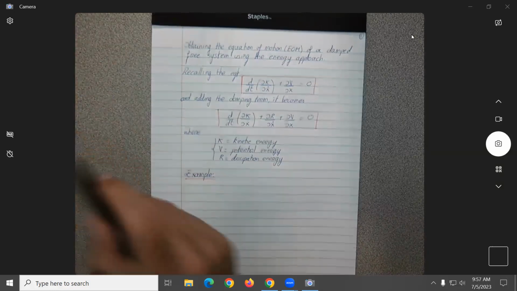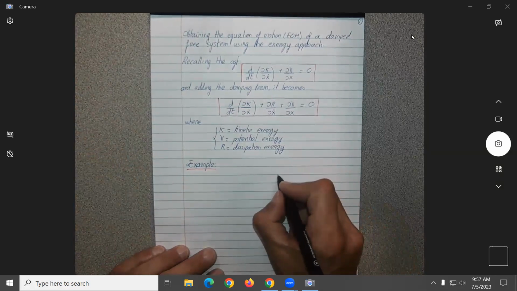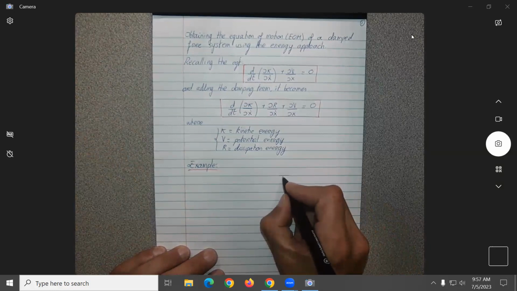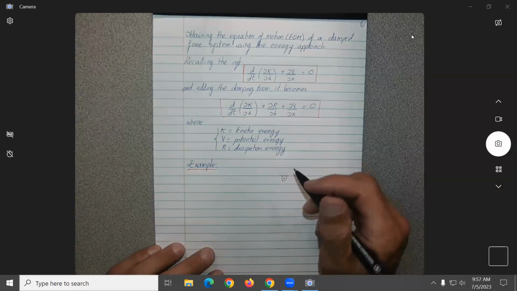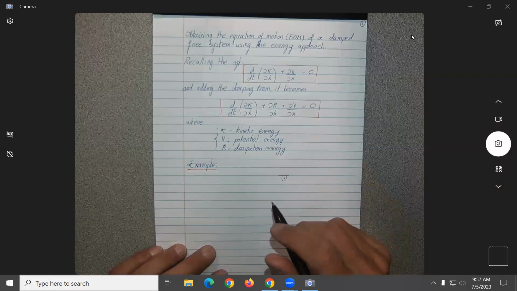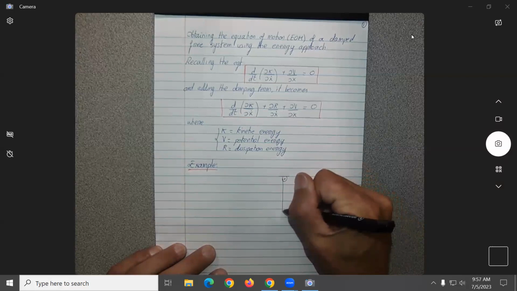All right. So let's see. We're going to have what looks like a pendulum. I guess this looks like something rigid.